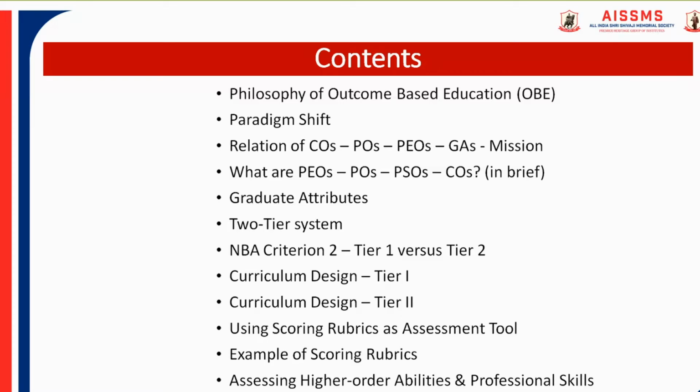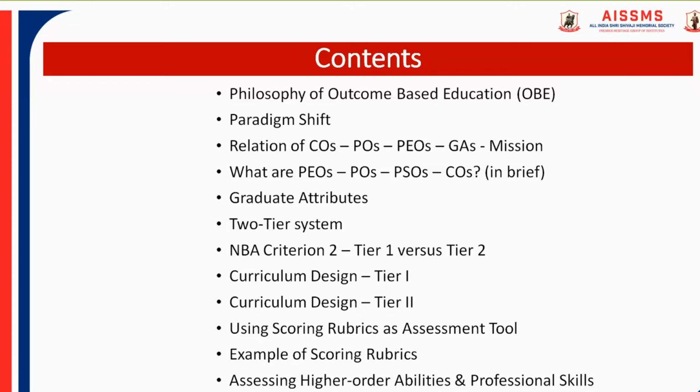I thought that we are going to discuss the curriculum design, and these are the things which are important when we discuss the design of the curriculum. We'll go into the two-tier system because, as all of you are aware, it is for both tier 1 and tier 2 colleges, where tier 1 are the autonomous colleges and universities, and tier 2 are all the affiliated colleges.